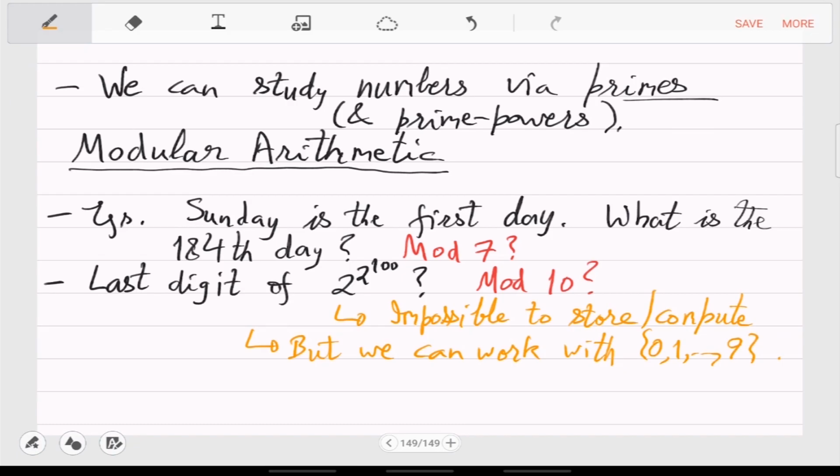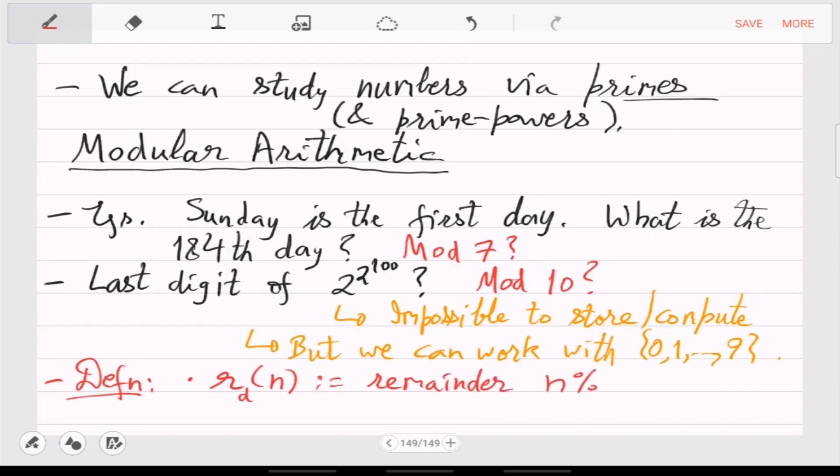So then, motivated by that, we can define R of n, let's say R of n d, or we can suppress this. So this is the remainder n % d.